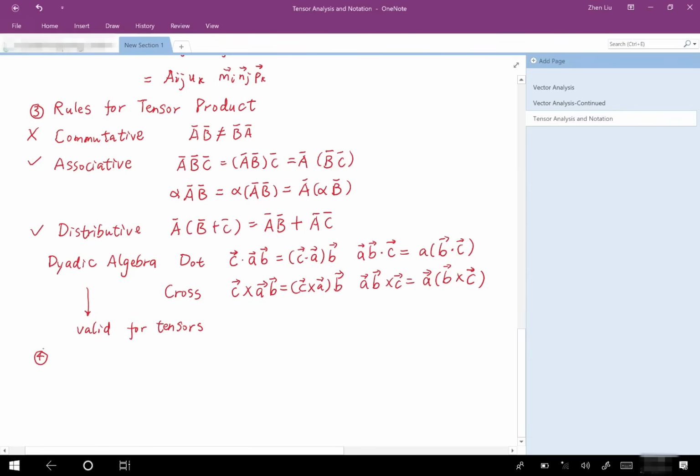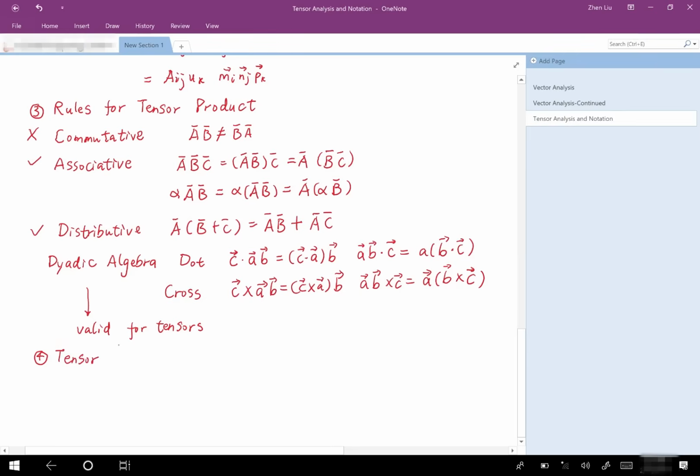So after we get to know the outer product and the rules for outer product, for tensor product, we want to go back a little bit and compare the outer product and one thing that we learned before, that's the inner product. So to get a better understanding of what's the difference and the relationship between what we are learning now and what we did before, let's compare.